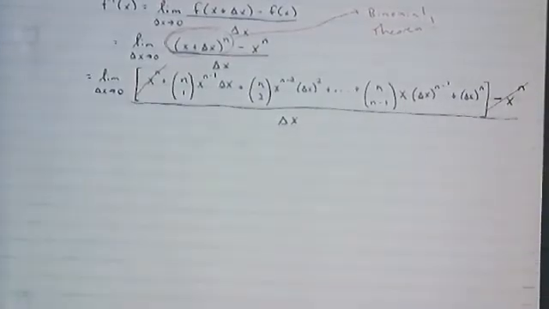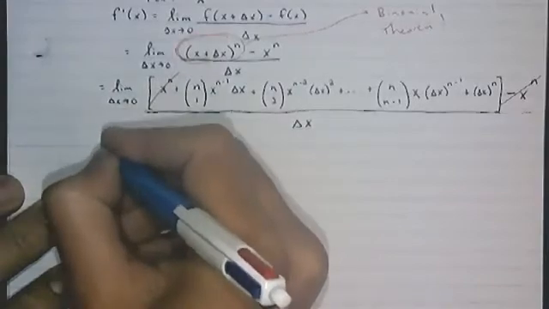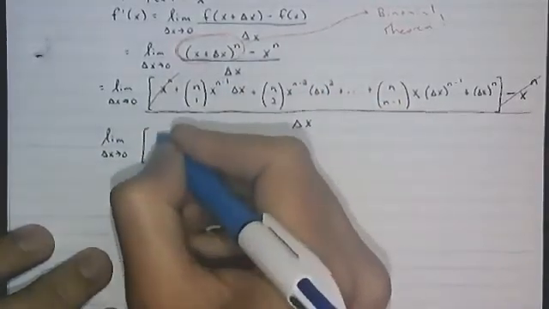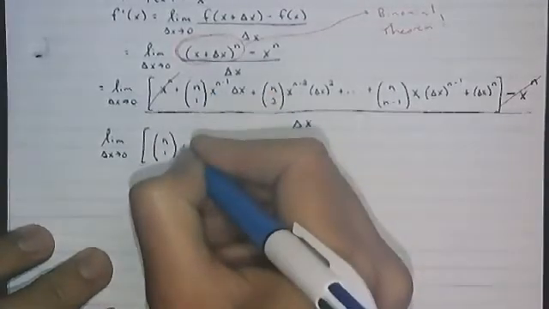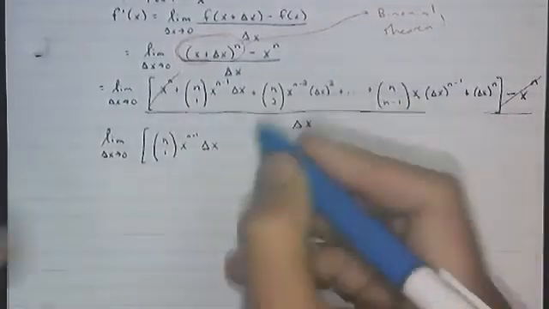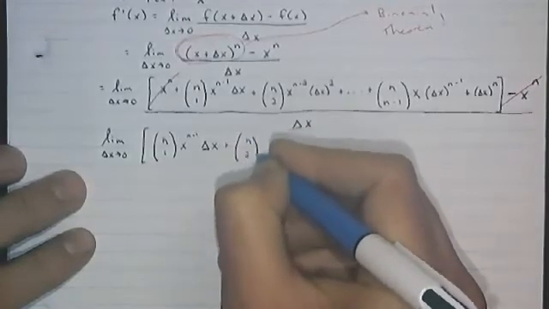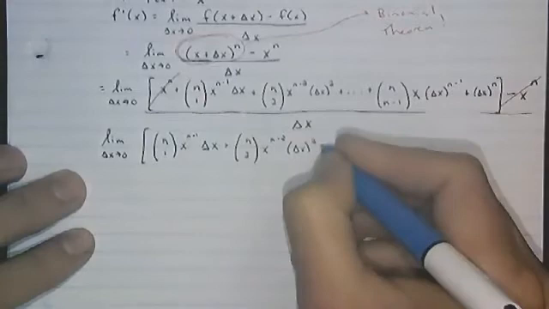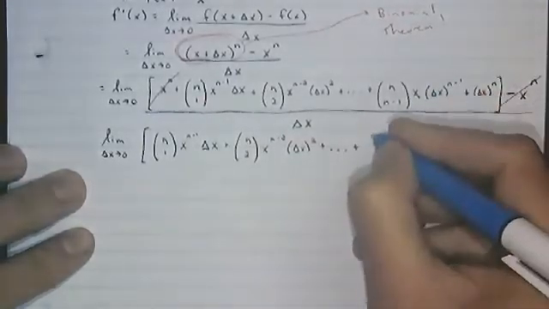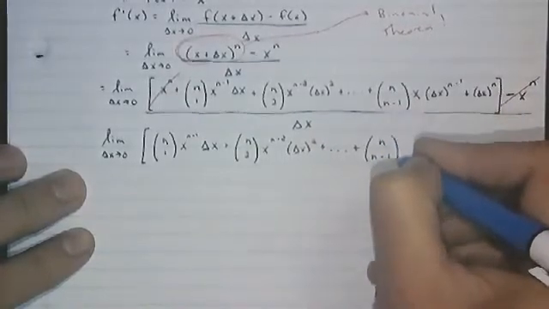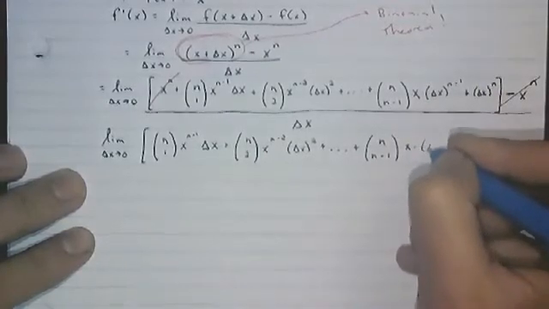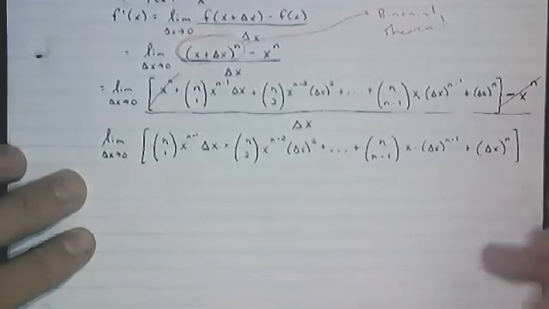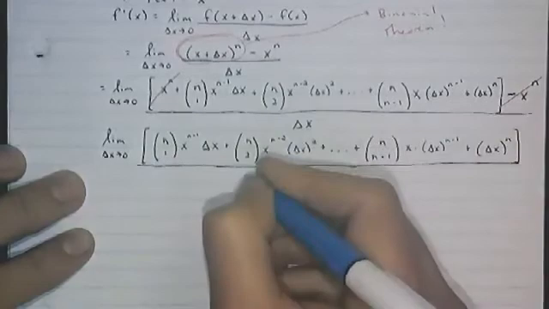So what we're left with is the limit as delta x approaches 0 of n choose 1, x to the n minus 1 times delta x, plus n choose 2, x to the n minus 2 times delta x squared, plus dot dot dot, n choose n minus 1 times x times delta x to the n minus 1, plus delta x raised to the nth power, all divided by delta x.